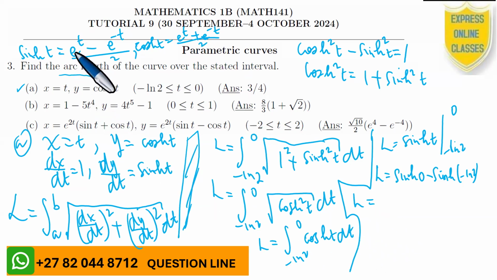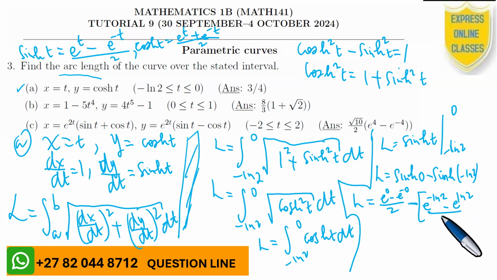So if you are making this 0, it's going to be e to the 0 minus e to the minus 0 out of 2, minus, then you're dealing with the hyperbolic sine, which is e to the minus ln 2 minus e to the ln 2 divided by 2.